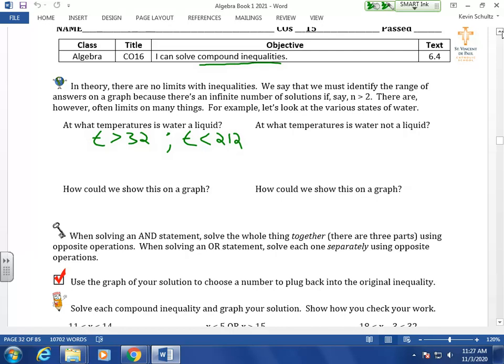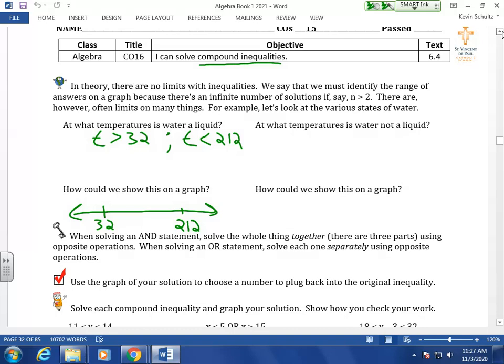So to show this on a graph, we would make our number line, okay? And this time, instead of having just one solution number, we're going to have 2 of them, because there are 2 temperatures at which the state of water changes, 32 and 212.